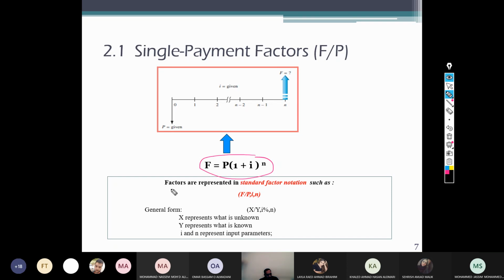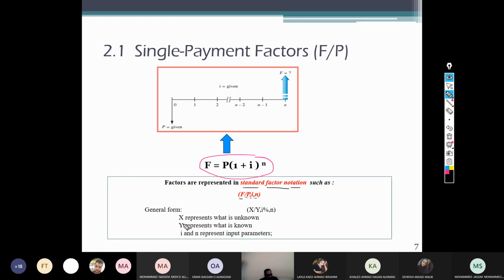In order to give a command, we call it a standard factor notation. This is a standard. Anybody who looks into the economy can read it. F/P, i, N between brackets.